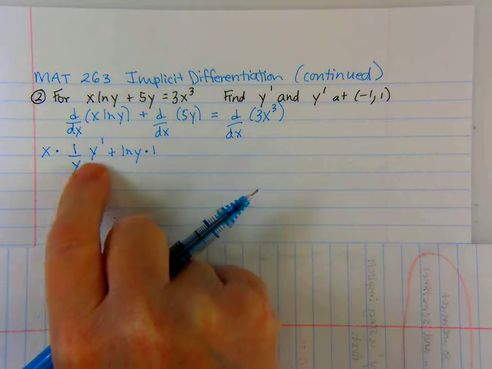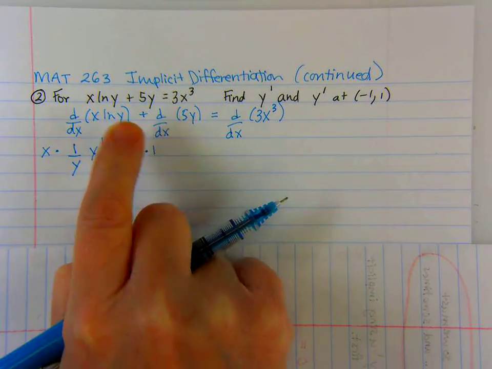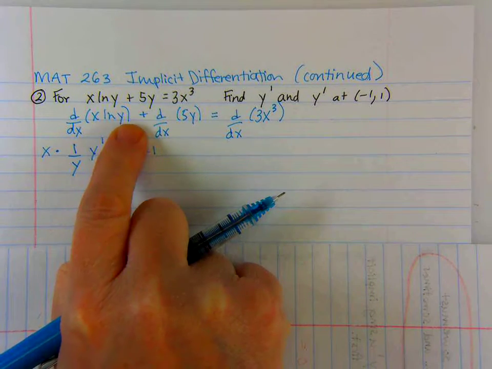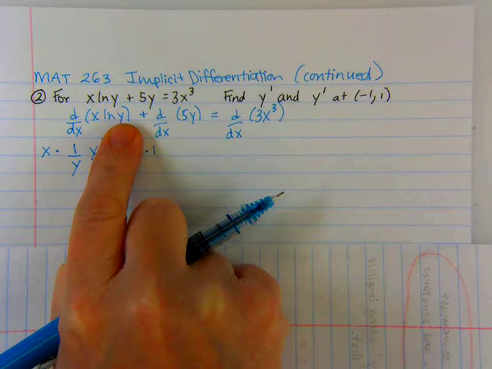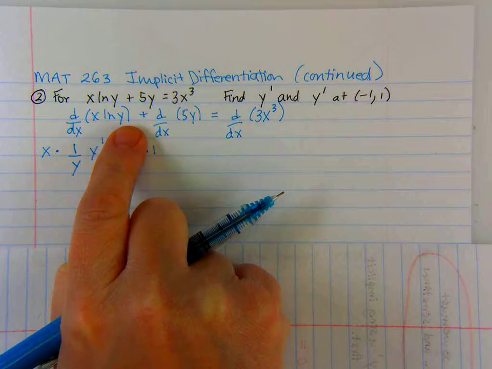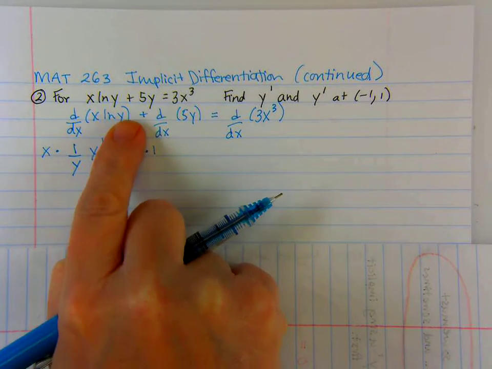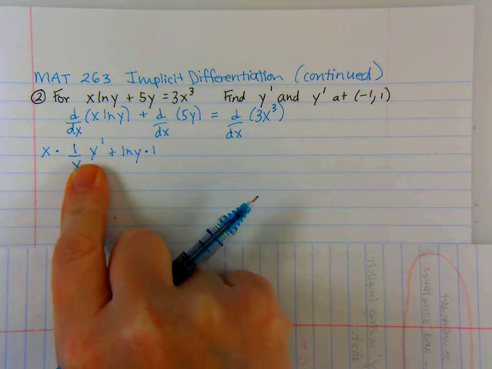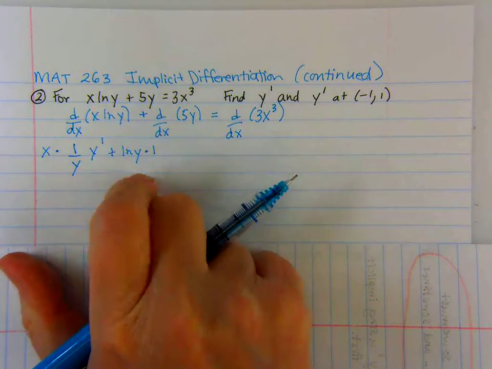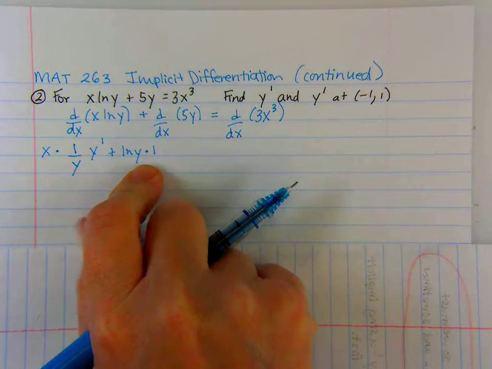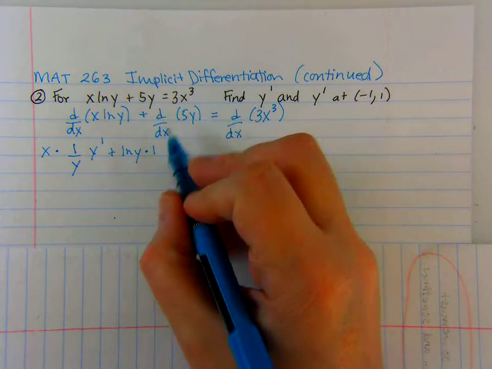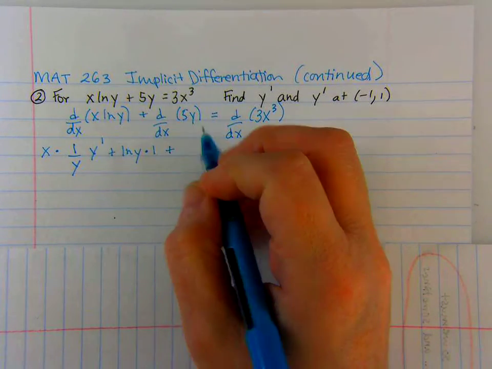Within that product rule, we have a chain rule right here, because you have the outside function, there's natural log. This is not just a y, it's not just a variable, it is a function y in terms of x. So the derivative of the inside is y prime. And then you have log of y times the derivative of x, which is 1. Okay? This one is a chain rule.